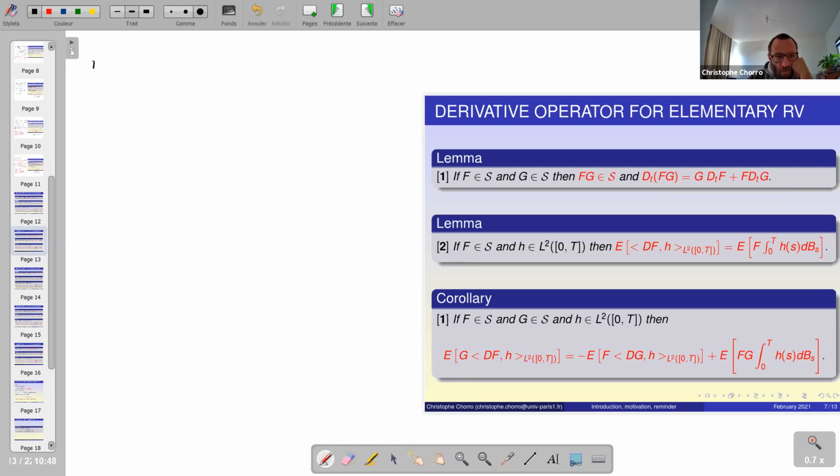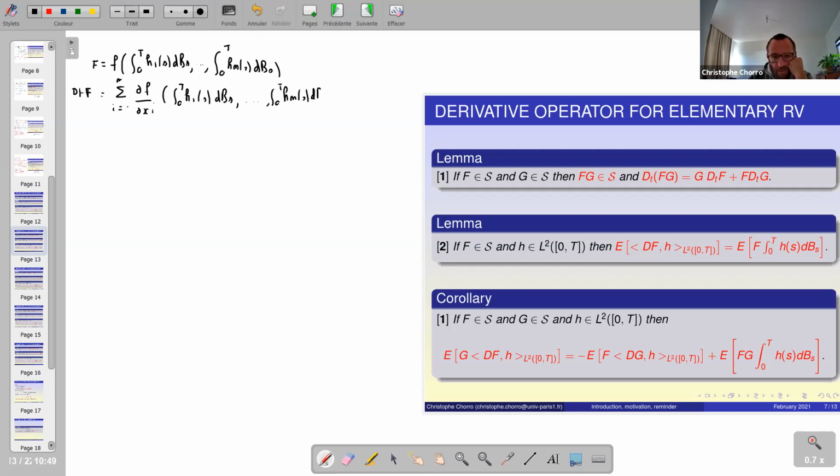In a corner, I will just remind you that when f has this form, the definition of the derivative operator is: Dt of f is equal to the sum from i equal to 1 to n of the partial derivative of f with respect to xi, evaluated at the integral between 0 and 1 of h1 of s dBs, up to the integral of hn of s dBs, multiplied by hi of t.